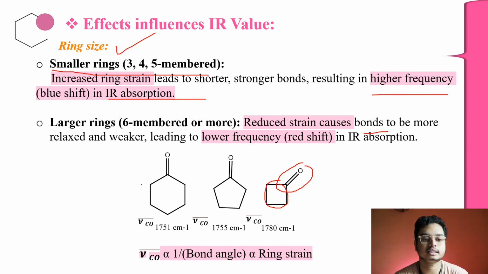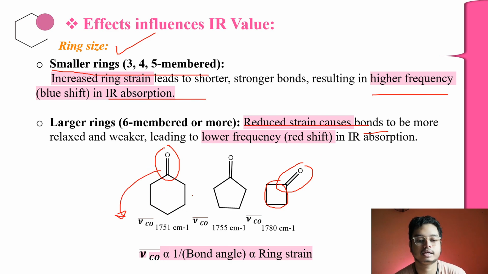And if it is a larger ring, it has lesser ring strain, and this lesser ring strain makes the carbonyl bond relax and become weaker, which leads to the lower frequency, or lower wave number, in IR absorption. For example, here you can see three structures.